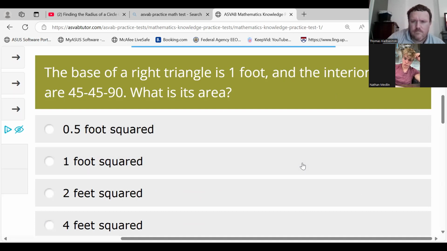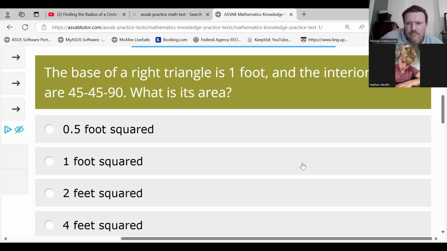Base of a right triangle is 1 foot, and the interior angle is 4. Gosh, the base of a right triangle. This is a right triangle, right? Can you see my screen?